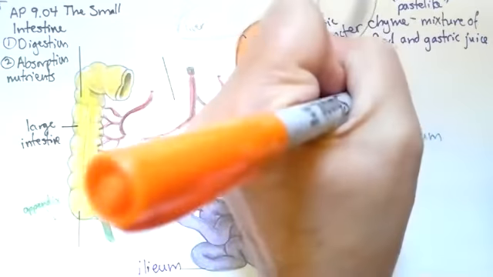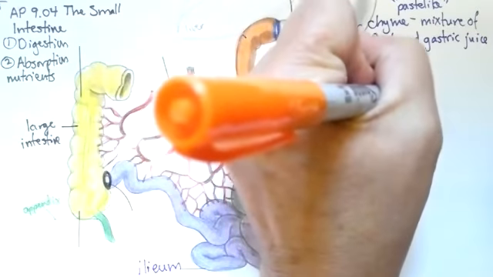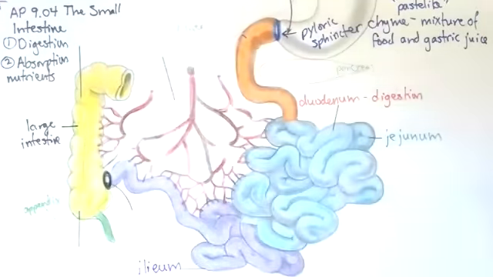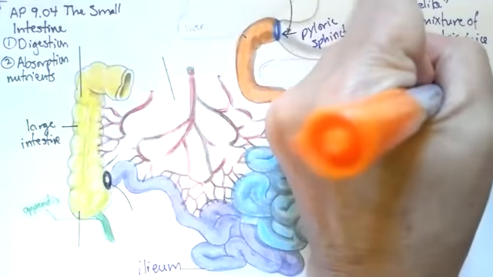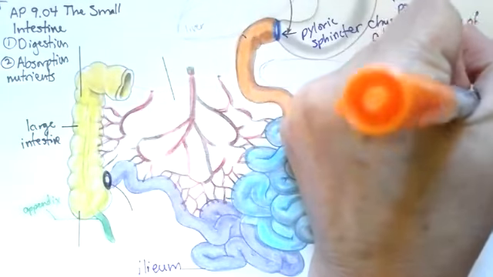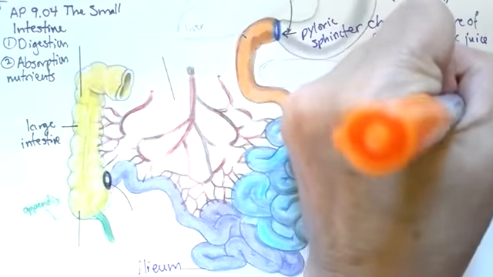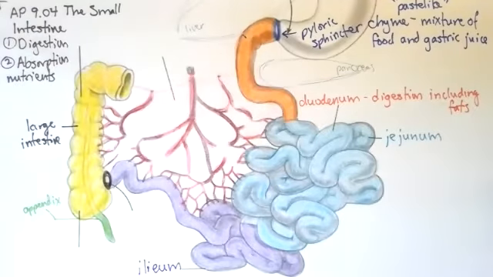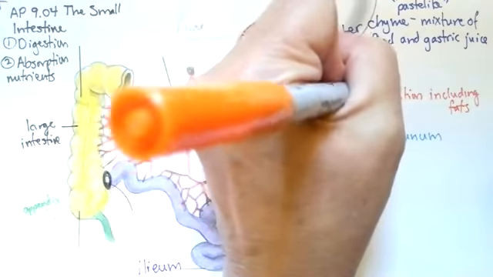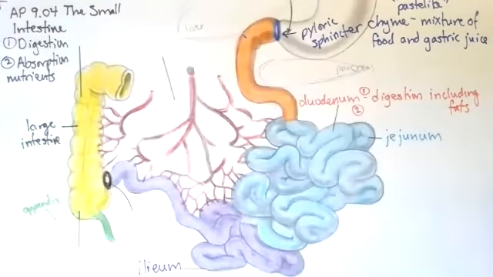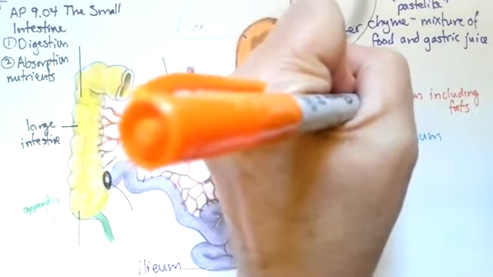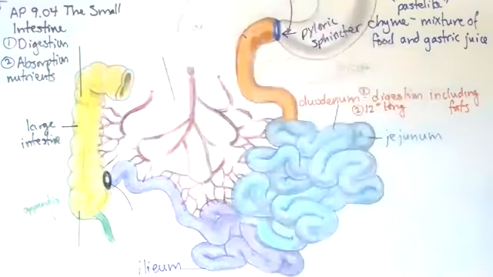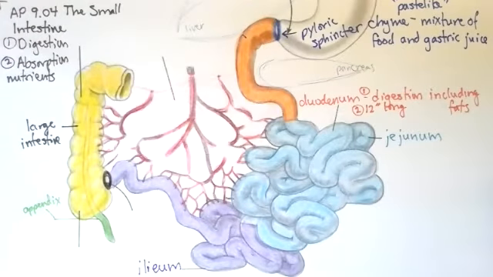So in the duodenum, we still have more digestion, including fats. The duodenum is about 12 inches long, so it's the shortest of all of them. In fact, I think that's what it translates to, something like 10 fingers. That's about how long it is.